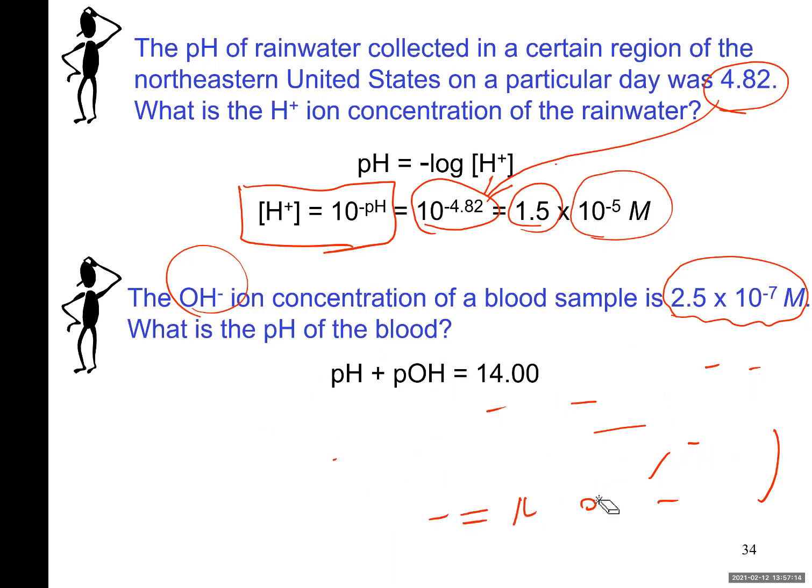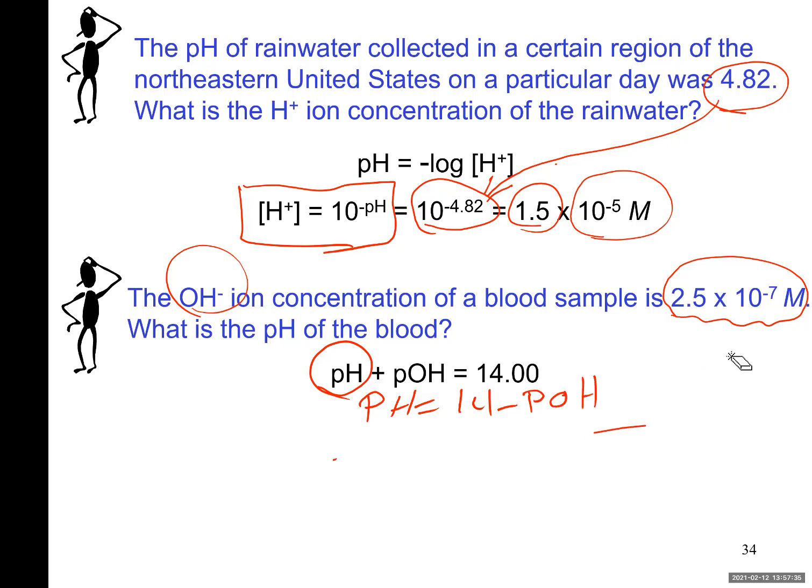So now let's do the problem. The problem is giving you the OH minus concentration and it's asking you for pH. As we said, pH is equal to 14 minus pOH. So all I have to do is calculate pOH from OH minus concentration, and then I can calculate pH.